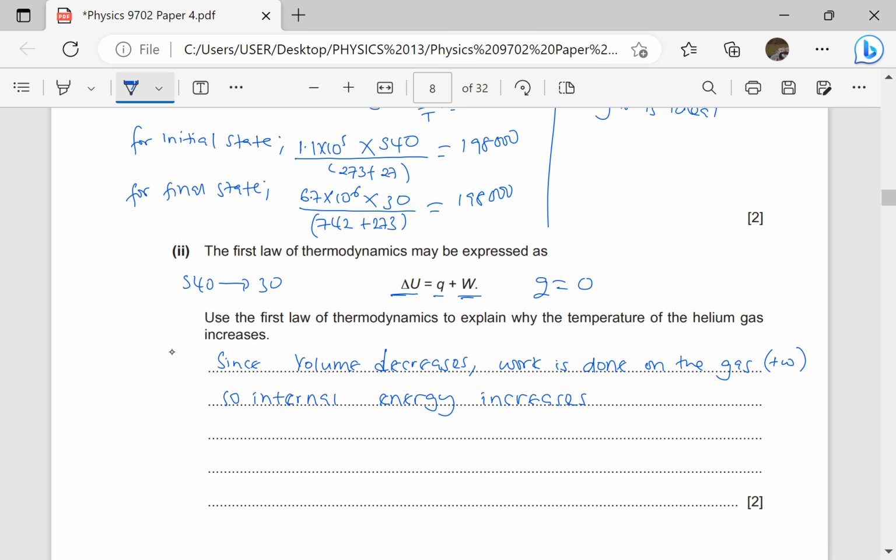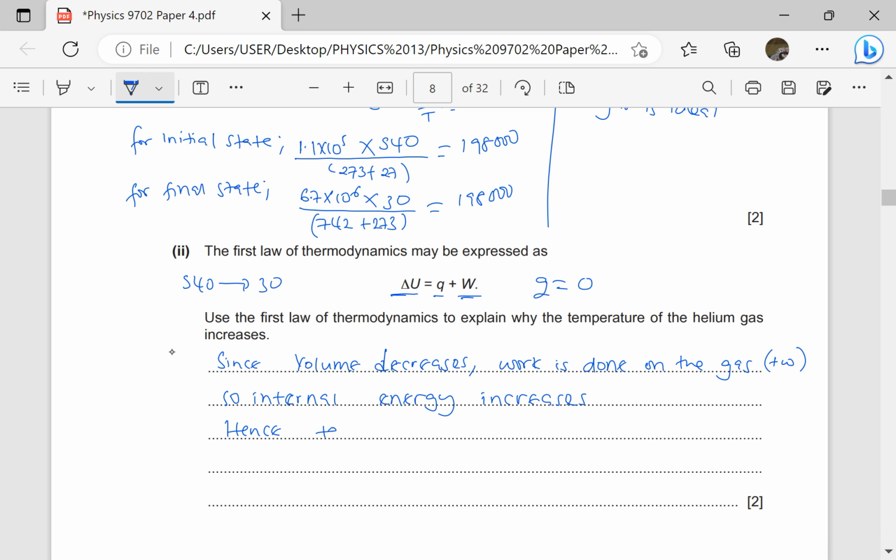Also remember, total kinetic energy of the molecules is directly proportional to the average kinetic energy of the molecules, which implies that the temperature is going to increase because temperature is the average kinetic energy of these molecules. Therefore, since internal energy increases, the total kinetic energy of the molecules has increased, which means the average kinetic energy of molecules has increased, therefore the temperature has increased.